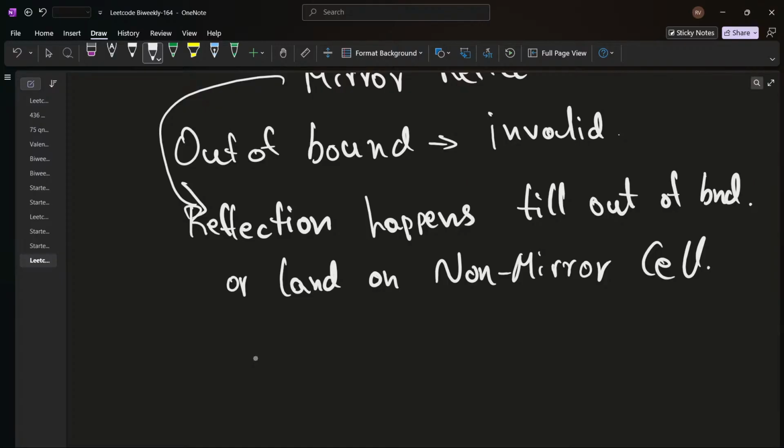This is just a variation of unique paths, which you might have already solved. It's a question on Leetcode. It is the same question, just modified a little bit.